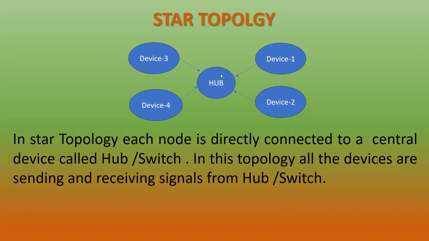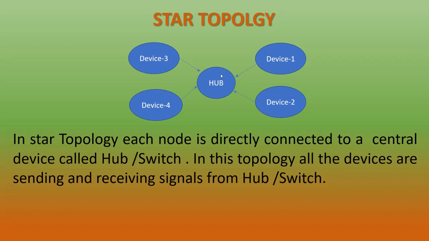And when this message reaches a device, the device will check whether the message contains its address. If it contains that particular device address, then that device will accept that message. Otherwise, it will discard that message. So, that is the way the star topology works.